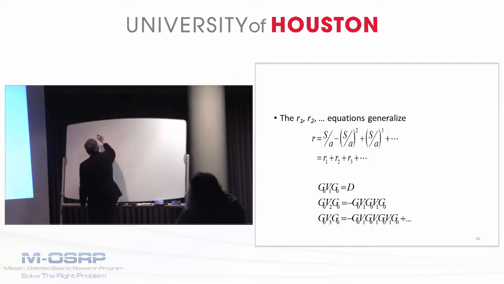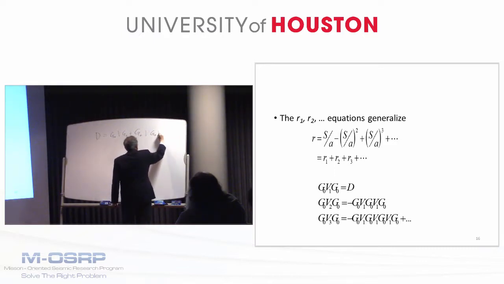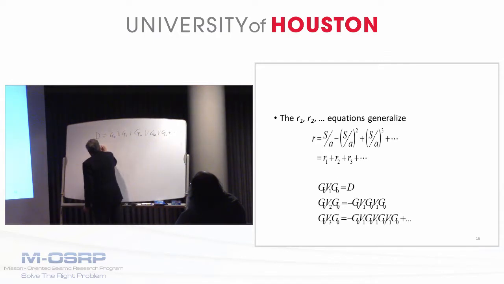You have a forward series. Data equals G0 V G0 plus G0 V G0 V G0 and so on. And you have this inverse, V equals V1 plus V2 plus V3 and so on. The question is, what are these? How do you compute them?